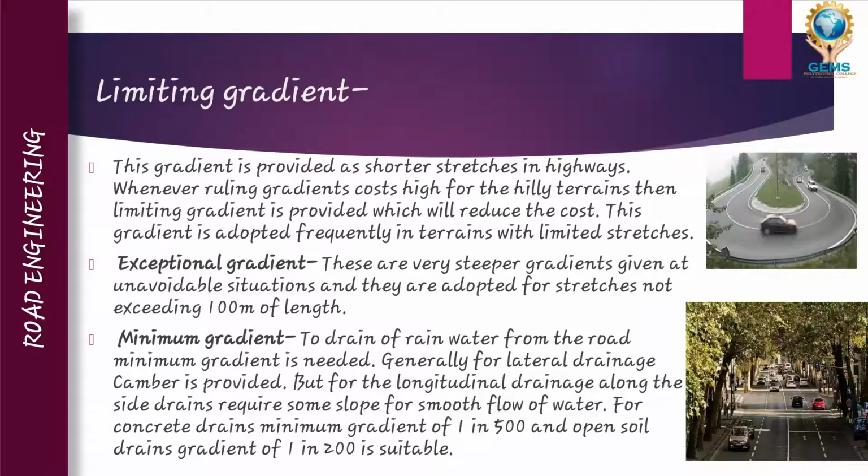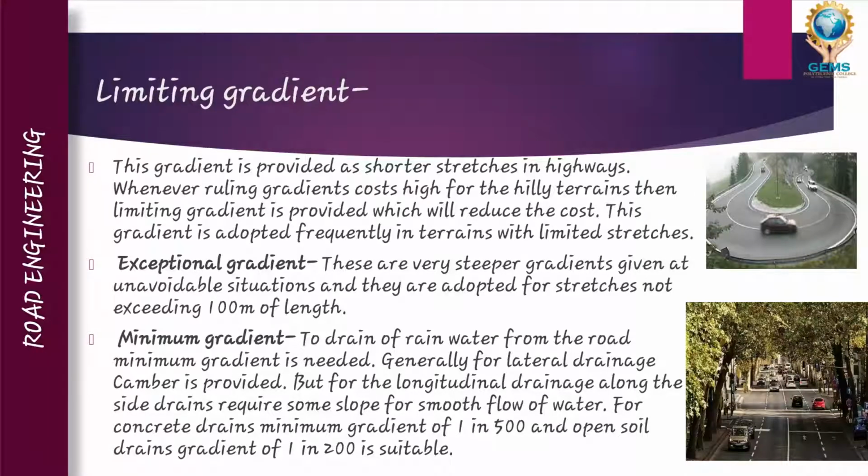So in exceptional cases of highways in hilly terrain areas, exceptional gradient will be provided, and the length should not be more than 100 meters. It can be 65 or 75 meters in length, but it should be less than 100 meters. So it is named exceptional gradient.